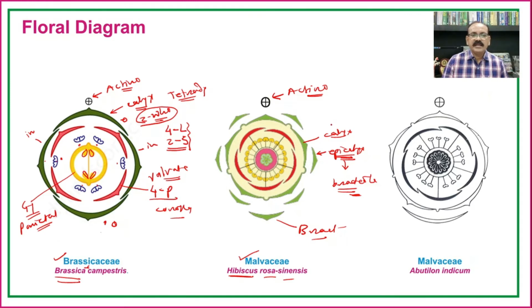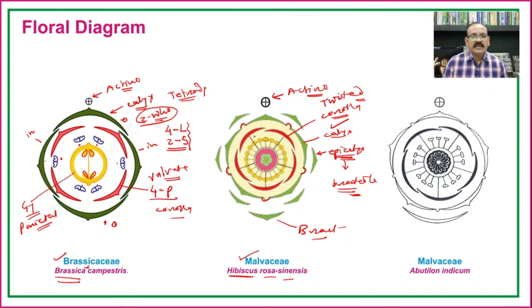Then inside it there is a whorl of the calyx, which contains 5 sepals, and all these 5 sepals have valvate aestivation, and they are fused with each other, that is gamosepalous condition with valvate aestivation. Then the corolla shows the presence of 5 petals, and all the 5 petals are overlapping each other, and such a type of aestivation is known as twisted aestivation.